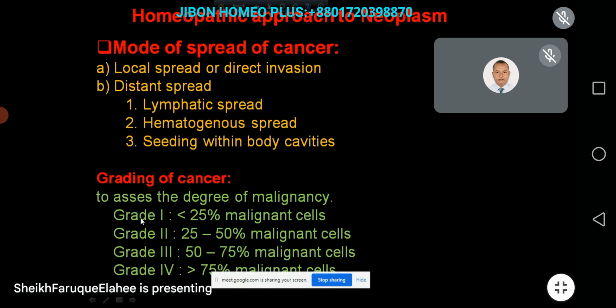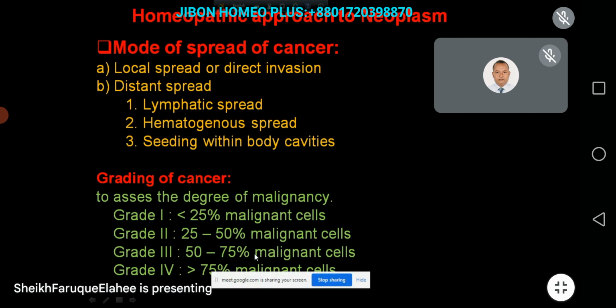It means here the cancerous force has less initiative. You can still control. But grade 2, if the malignant cells increase from 25 to 50%. Grade 3, from 50 to 75%. And grade 4, more than 75%.